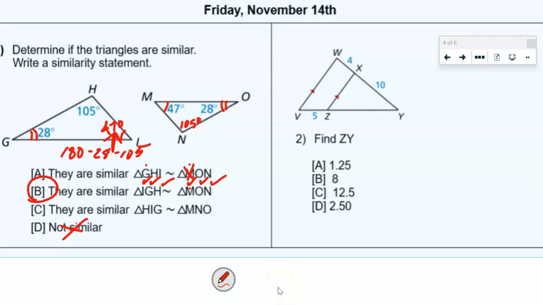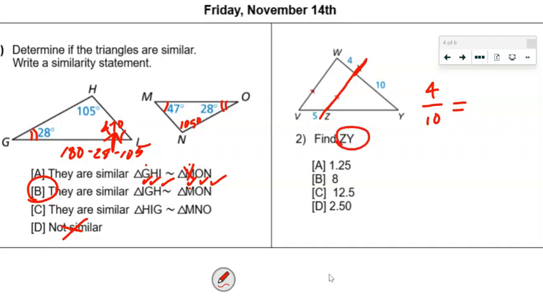All right, this next one, let's talk about it. So this, because they're parallel, y'all see that parallel symbol right there? Because these two sides are parallel, we can set this up as a fraction, and we can set it up exactly the way that it looks. So we could do our 4 over our 10, and that's going to be equal to, and it's asking us for zx, zy here, so that's going to be 5 over our zy.